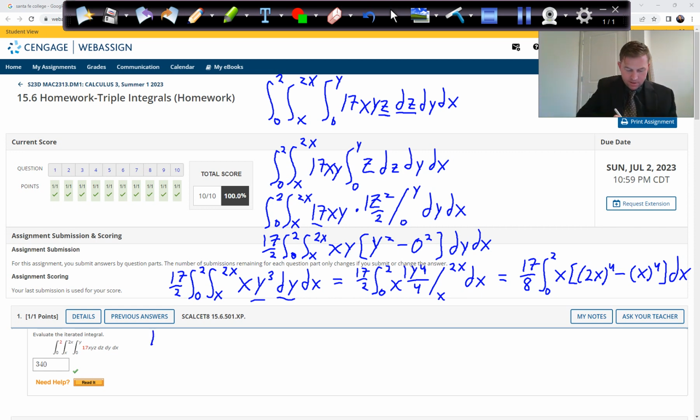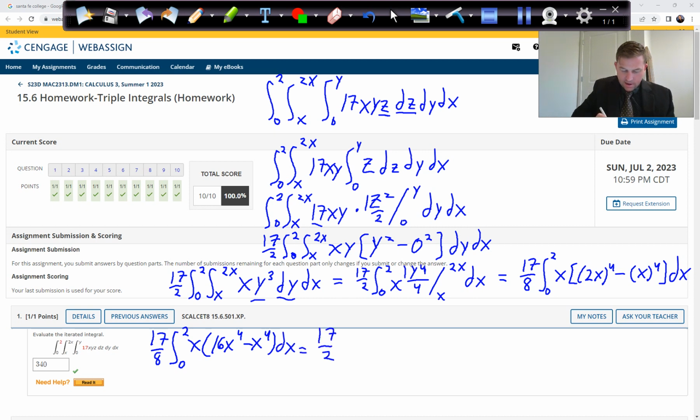And we're going to have 17 over 8, antiderivative from 0 to 2. (2x) to the fourth is 16x to the fourth. I guess I'll write this: x times (16x to the fourth minus x to the fourth) dx.